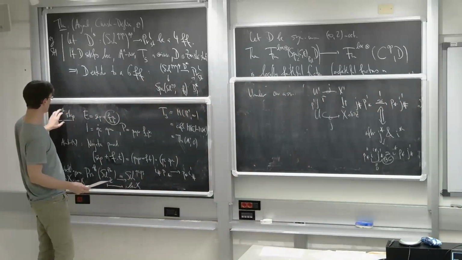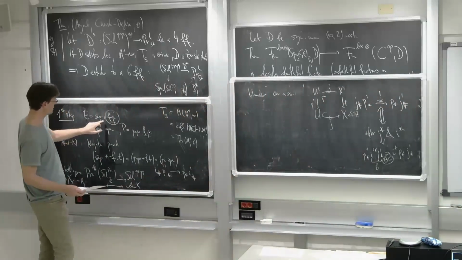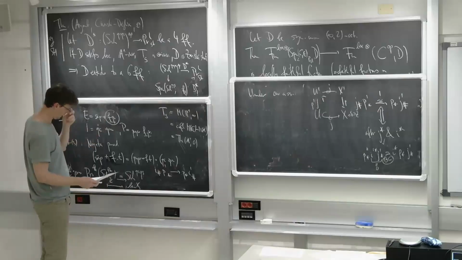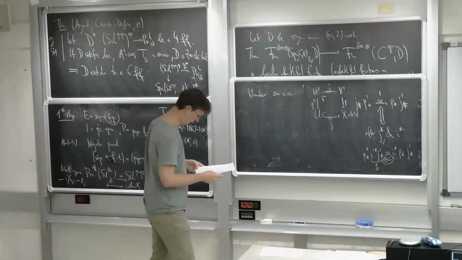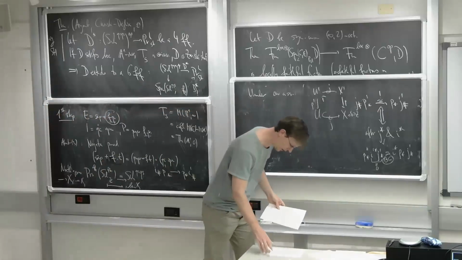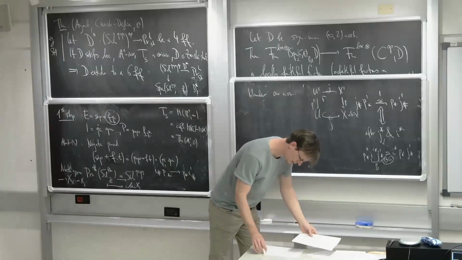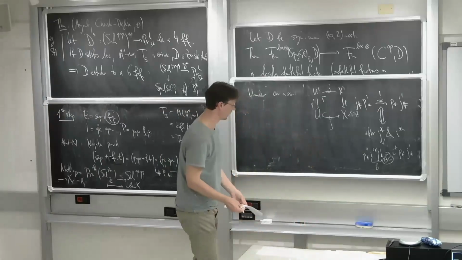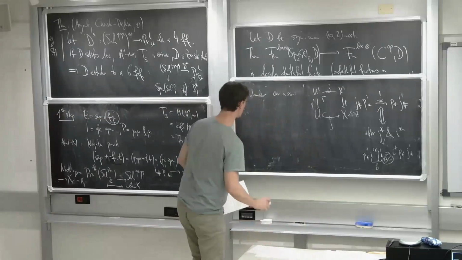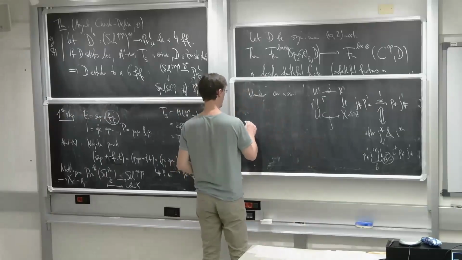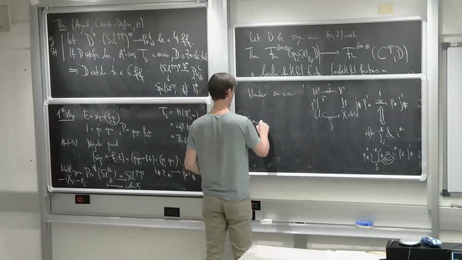Well, half of it, maybe the first step, when E is separated and of finite presentation. And the next step is to overcome this separatedness. So what we have so far, maybe let me pause for a moment for a mini summary.